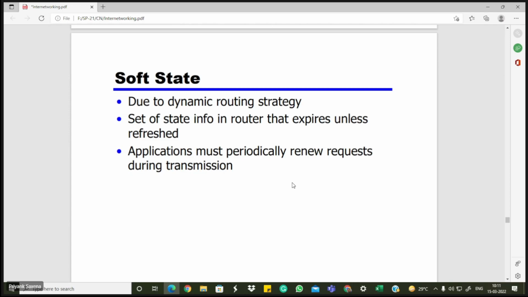Because suppose if a route expires for a particular source and a destination, then a new route information should be put, and the previous route information should expire, right?